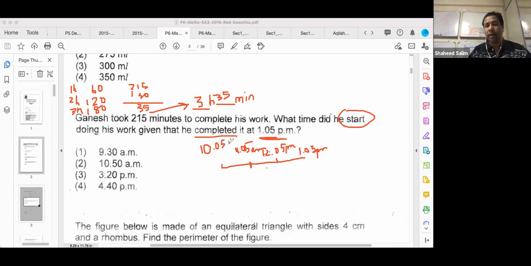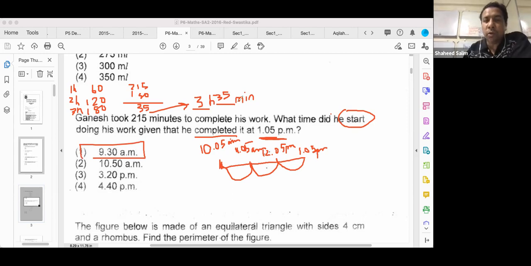So you see, you go 1 hour back, 2 hours, 3 hours, 10:05. So you know the answer must be 9:30. But anyway, you must go another 35 minutes backwards. 5 minutes before is what time? 10 o'clock. You're supposed to minus 35, it's only 5. Then minus another 30 minutes. 10 o'clock, 30 minutes before that is 9:30.